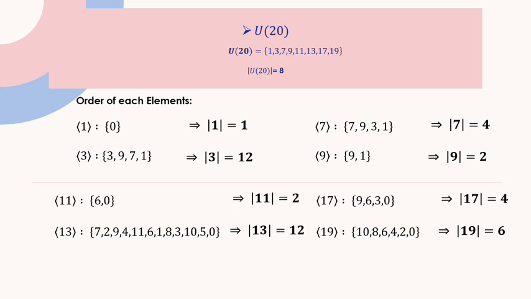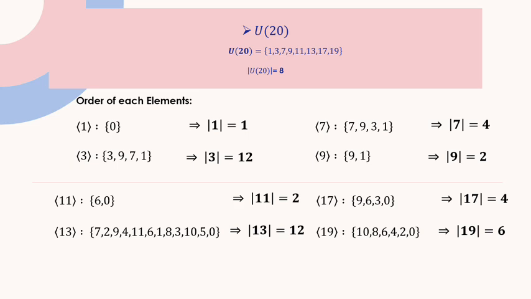For number 9, the elements under number 9 mod 20 are 9 and 1. Therefore, the order of number 9 mod 20 is equal to 2. For number 11, the elements under number 11 mod 20 are 6 and 0. Therefore, the order of number 11 mod 20 is equal to 2.